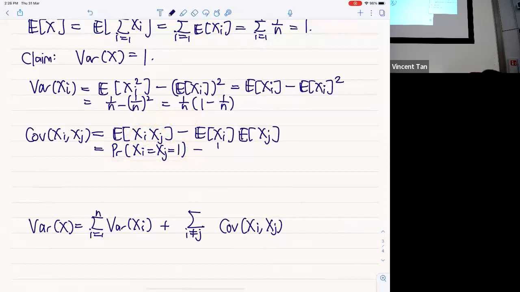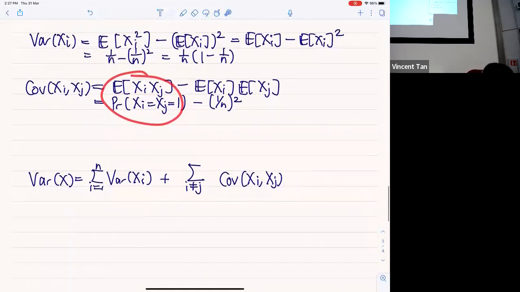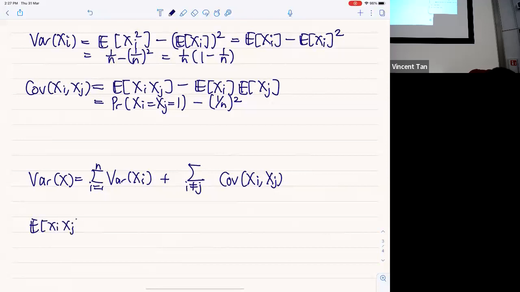Now this is then easy, 1 over n quantity squared. You need to understand why this is the case. All right, and I'll justify it here. The expectation of xi xj is nothing but the sum over all possible values of little xi, little xj, of xi xj times the probability that xi equals little xi, xj equals little xj.